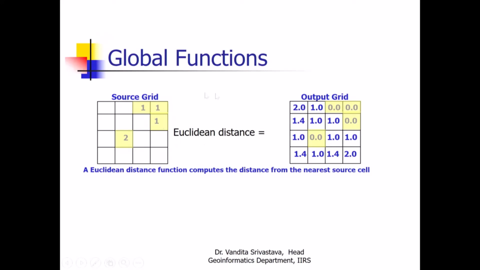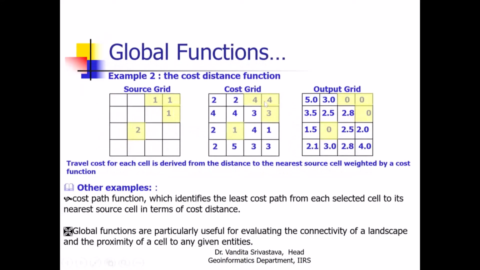But suppose instead of unity you had some value grid, some cost grid, which means the cost of traveling each cell was not uniform. Then this cost grid has to be considered in order to calculate the distances. So the same value which was 1.0 has now become 2.5 because there is a cost of 2 here. Since this was the nearest source, the cost of traveling from center to edge will be 2, and because it is unity cost, from here to here it will be 0.5.